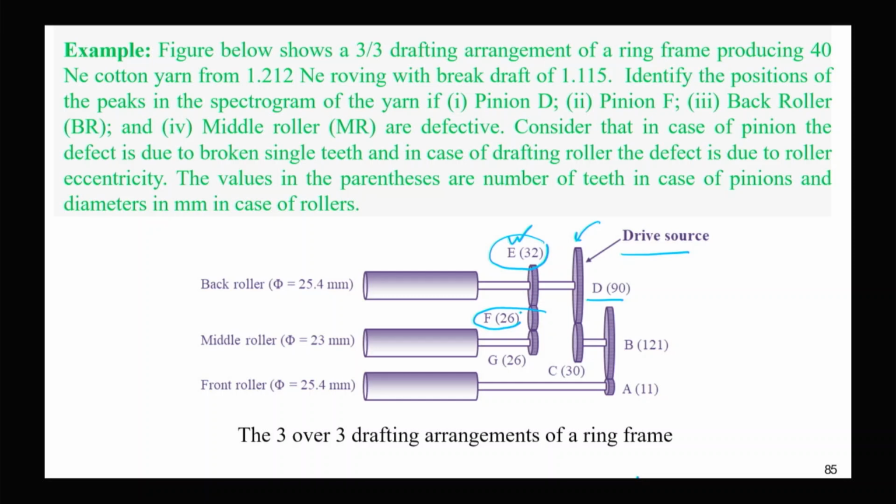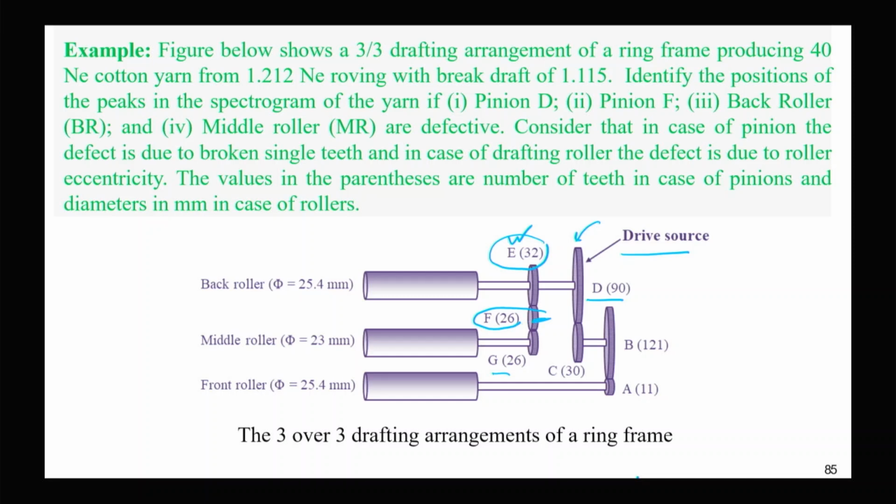But the drive which F is giving to G has got some jerk due to a defective tooth, say one tooth is defective.